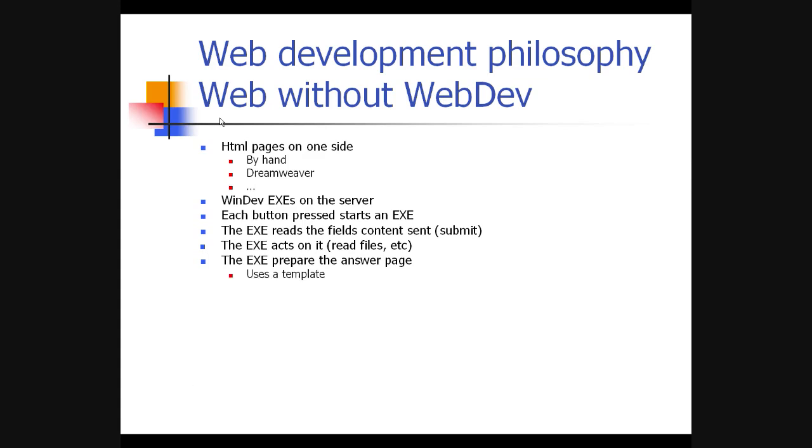For that it could use a template and include the data in a predetermined spot in that template. And once the page is ready, it would send it back using an API call, extremely simple, one line of code, the same way it would use an API call to get the fields in the first place. And that's it. You have a website developed using WebDev and not WebDev. That's the very basic thing.